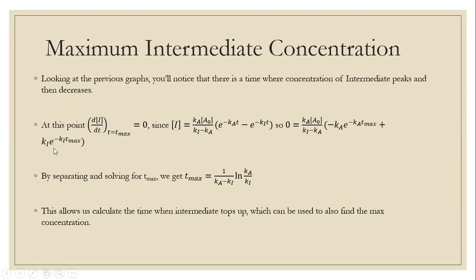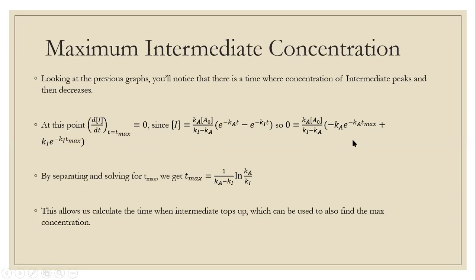So if we know our K and our time at max, we can solve for our time at max based on the ratios of A and I and our initial concentration.